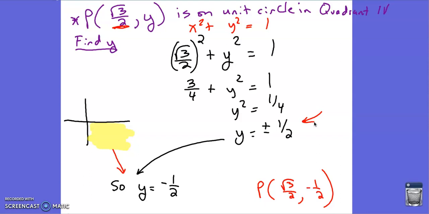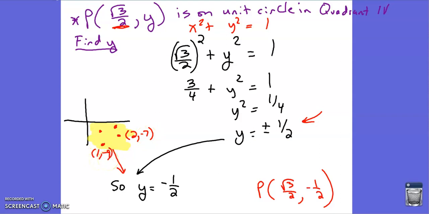Well, if we look, it's got to be quadrant 4, right? They tell us it's in quadrant 4. Think of all the points in quadrant 4. Let's say this one, I'm just going to make this number up, might be like (2, -7) or something like that. And then this might be (1, -9).